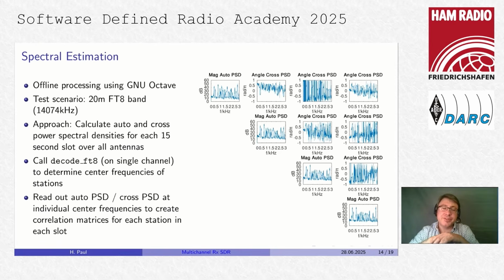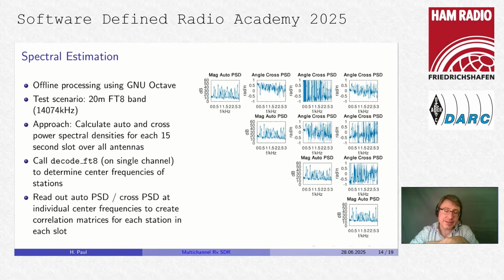At least it's a command line version that just expects a wave file and will then print out the detected FT8 stations on the command line. And I used this and I parsed the output with GNU Octave. And then this is how I found the stations in the spectrum. So I have now a list of call signs with the corresponding frequencies.